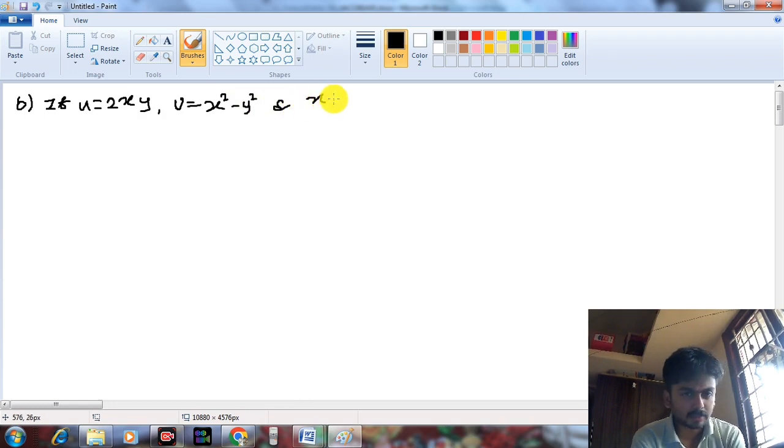x equals r cos theta, y equals r sin theta.